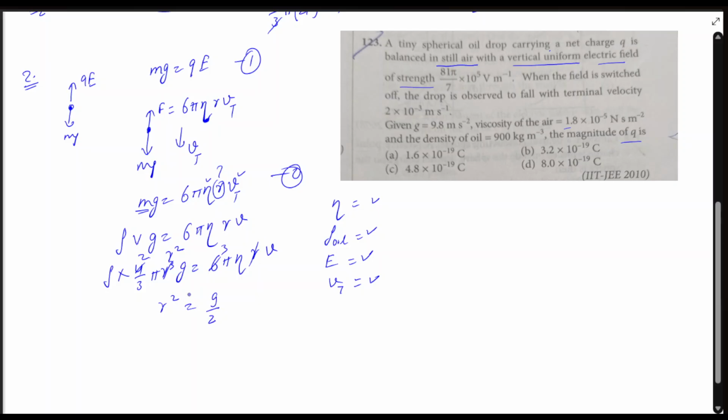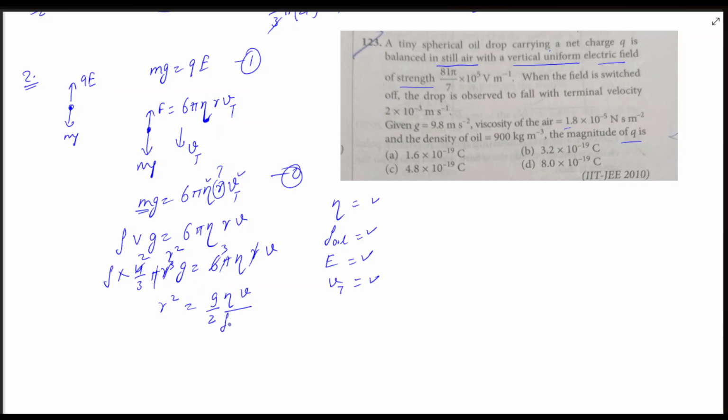Pi will get cancelled, right? Eta v divided by rho g. Yes, g and pi we have cancelled it, right? Perfect. So we can get r from here.